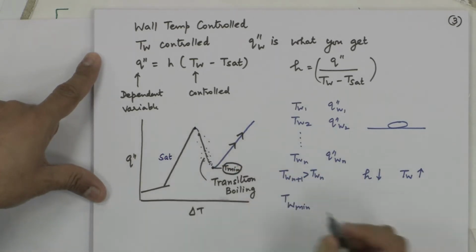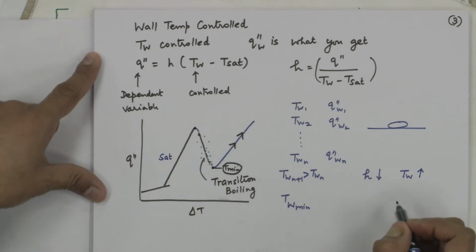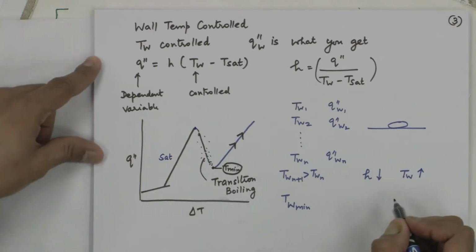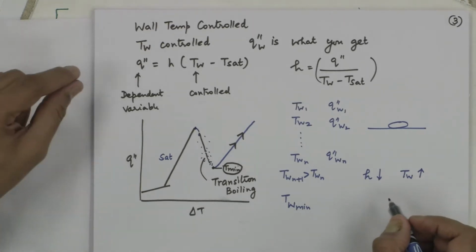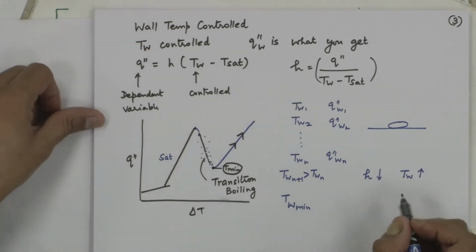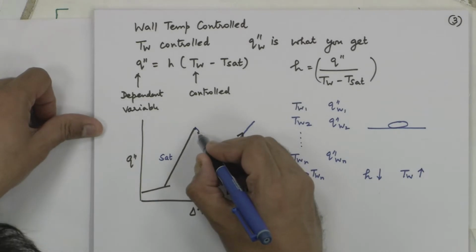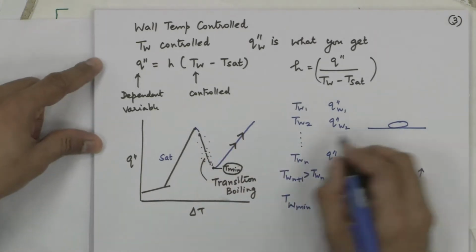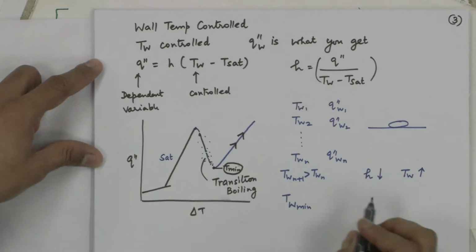I will reach a situation where the wall temperature becomes a little bit more than what it can sustain for good nucleation, and after that you would see alternate random contact of the liquid with the heated surface.